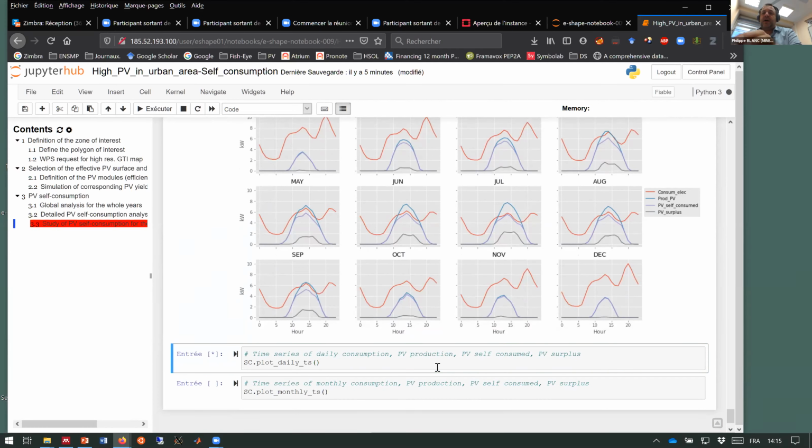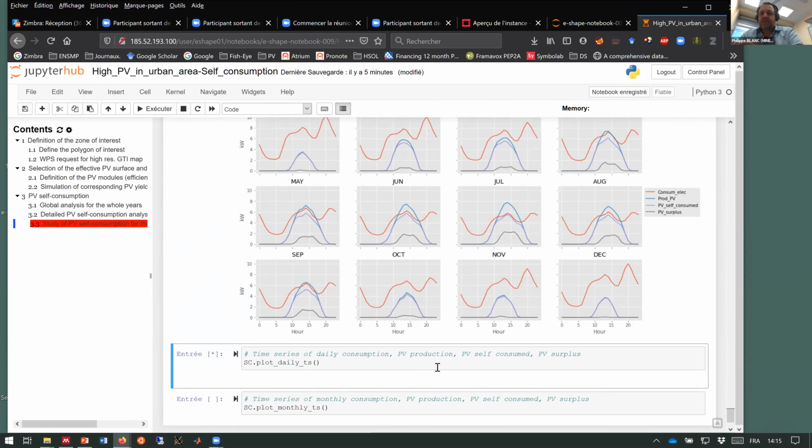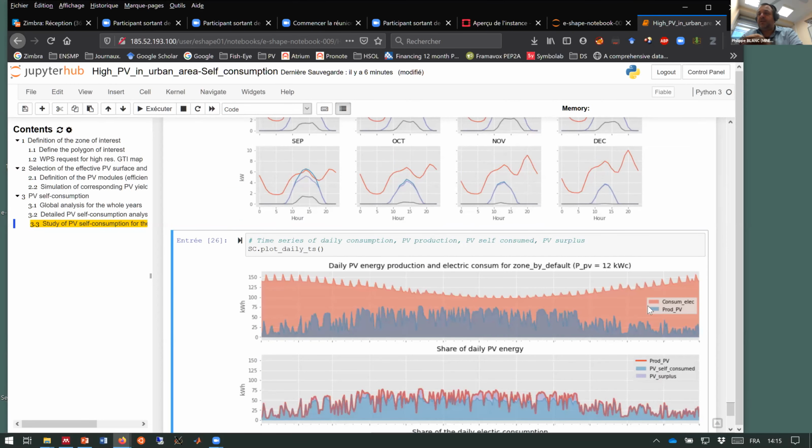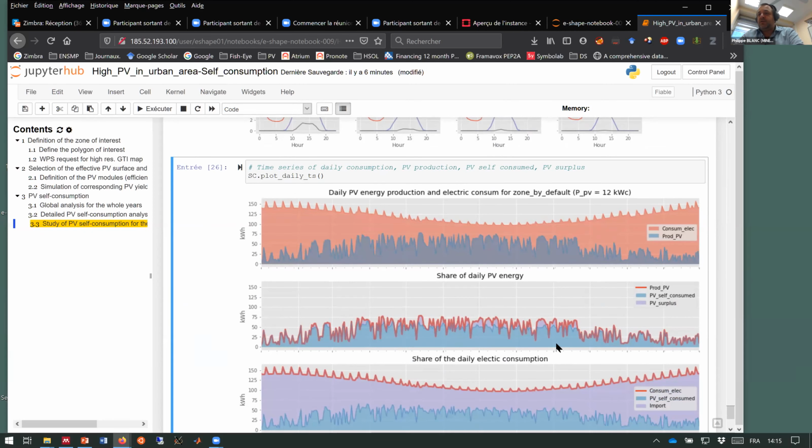And you have the same on a daily basis. So you can compare the PV production and the energy consumption, and you can distinguish the amount of energy you are consuming and the energy you are exporting.